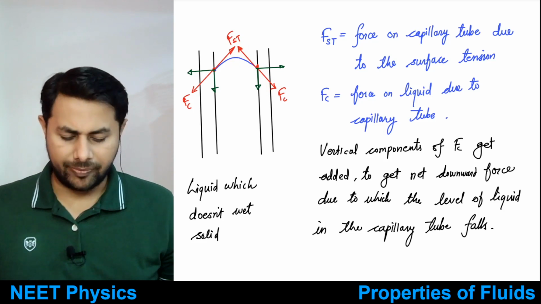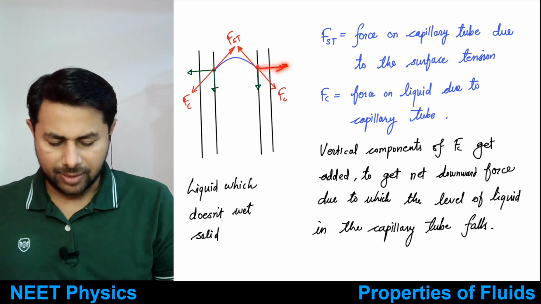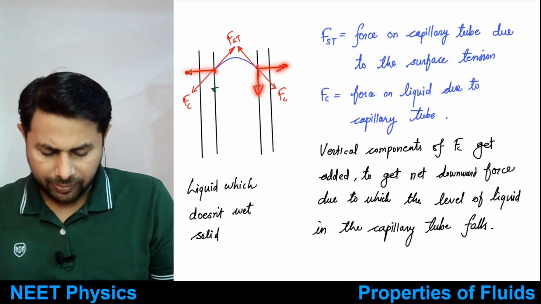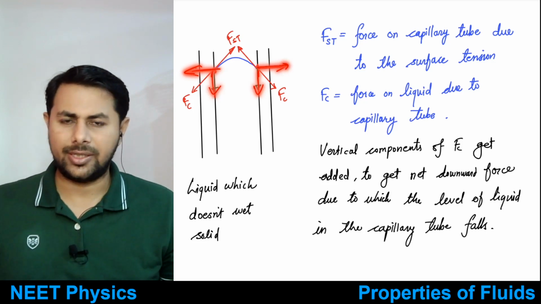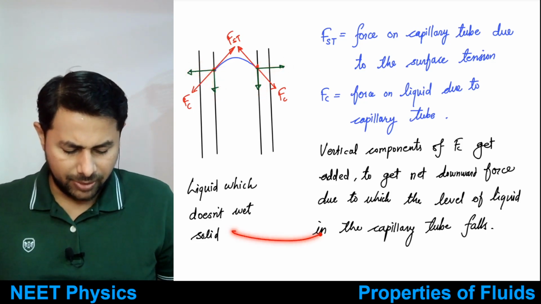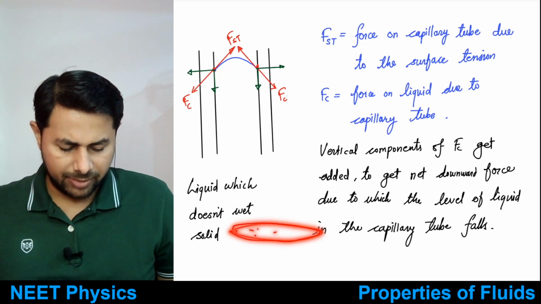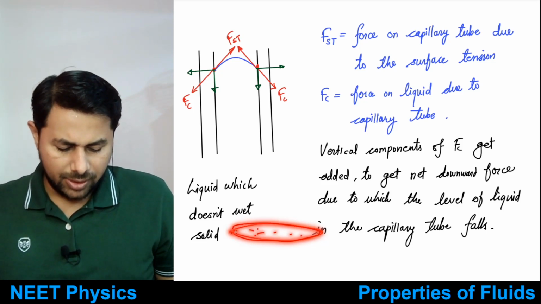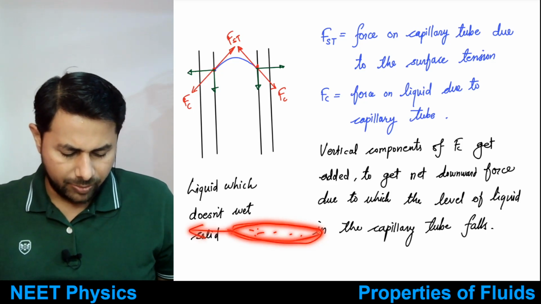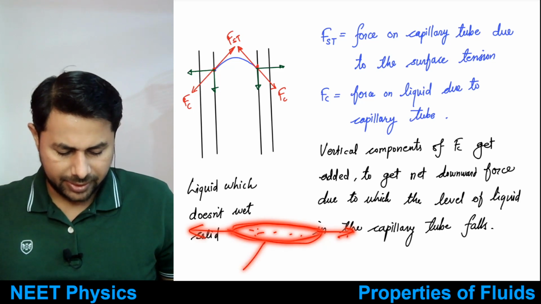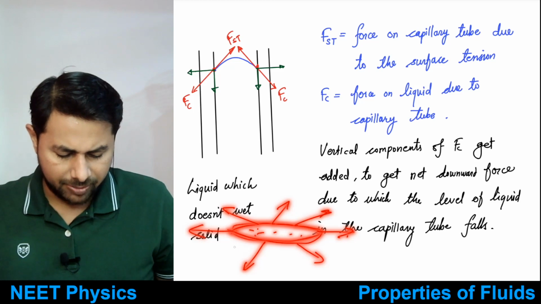Again, you can resolve this force due to the capillary along two components. One is horizontal component, one is vertical component, one is horizontal component, one is vertical component. So the horizontal forces get cancelled out. If you consider this capillary tube, there would be some liquid over here. The liquid which is in contact with the capillary tube, the horizontal components of forces acting on that would be acting like this, equal and opposite everywhere.